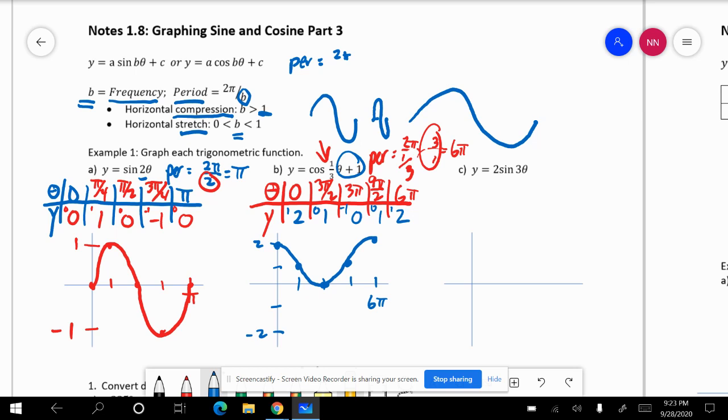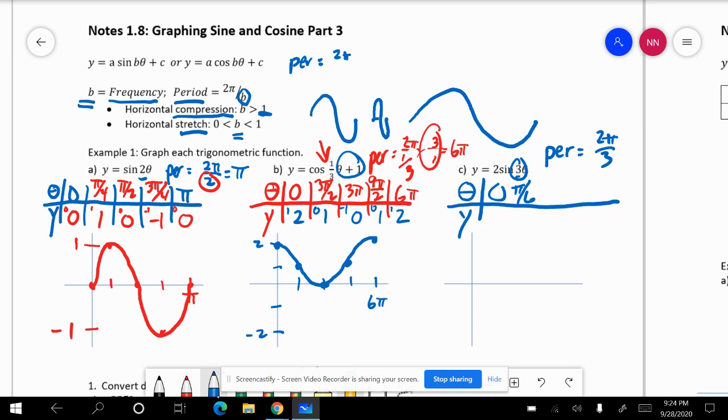Now for our last one, because we have a frequency, we're going to find our period, which is 2 pi over 3. So when we're making our table, we're taking each of our x values and dividing them by 3. 0 stays as 0. Pi halves becomes pi over 6.